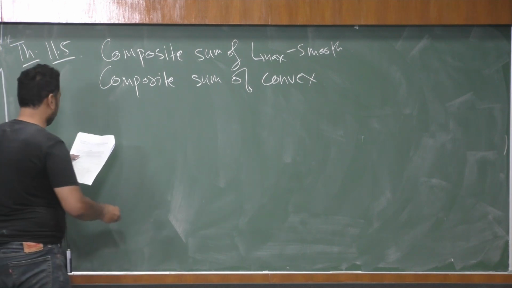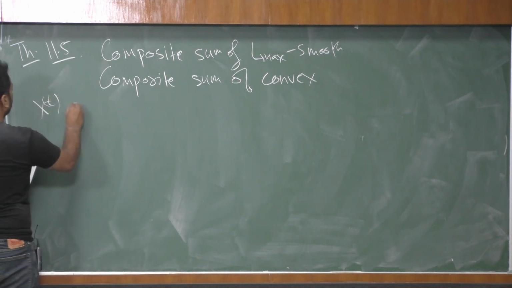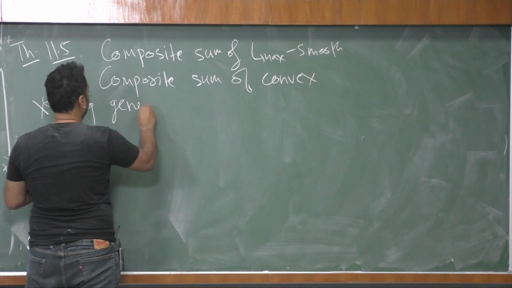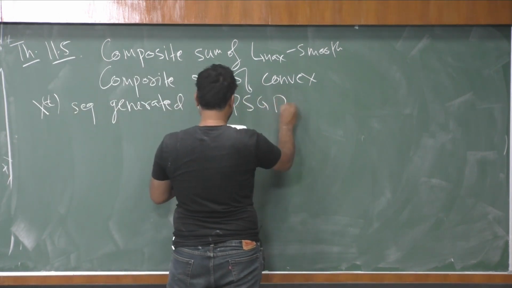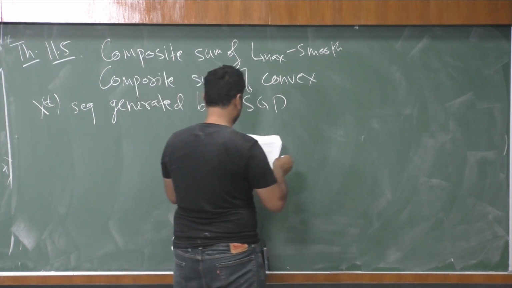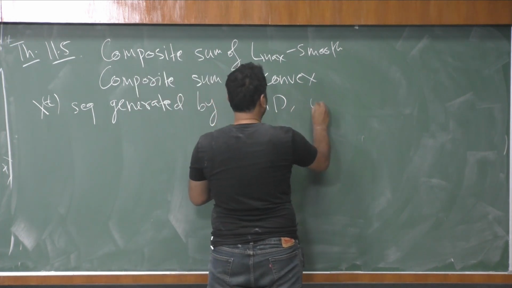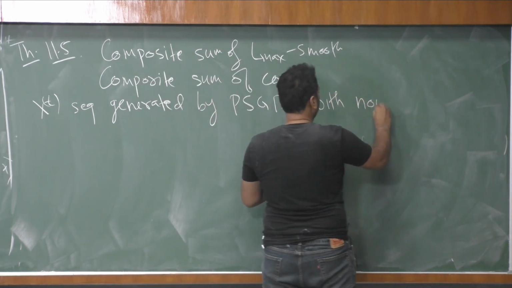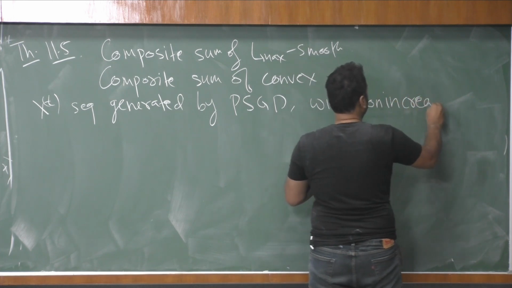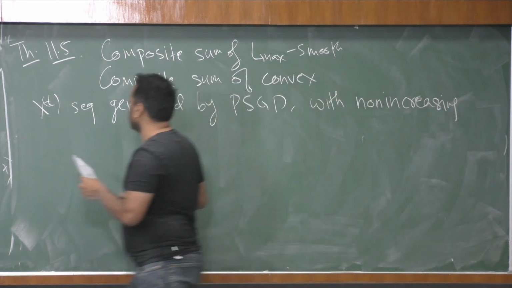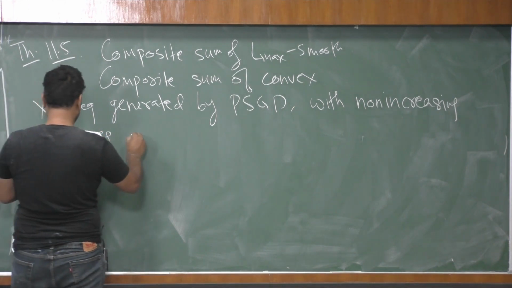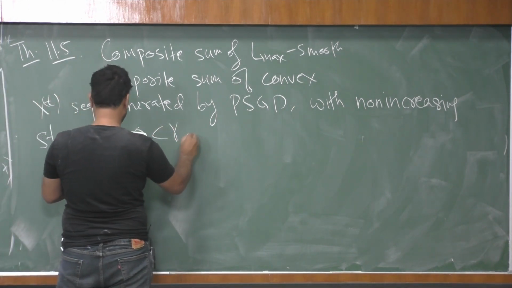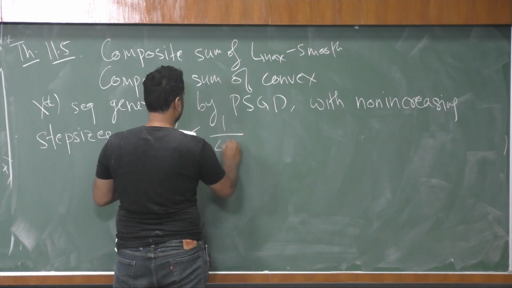Then if x_t is the sequence generated by proximal stochastic gradient descent, with non-increasing step sizes between 0 and gamma naught less than 1 by 4 L max.